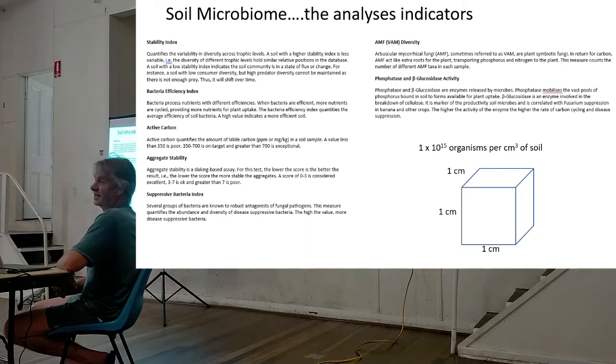Well, they laughed at me and said, Steve, there's 1 times 10 to the 15, so that's 1 with 15 zeros next to it, organisms in 1 cubic centimetre of soil.